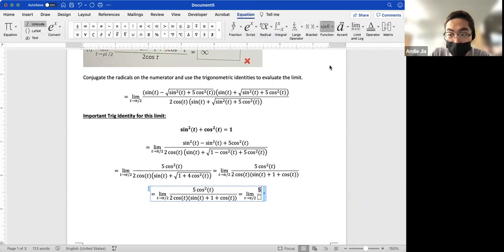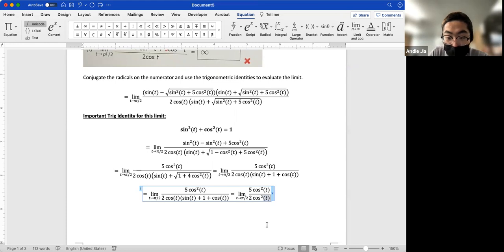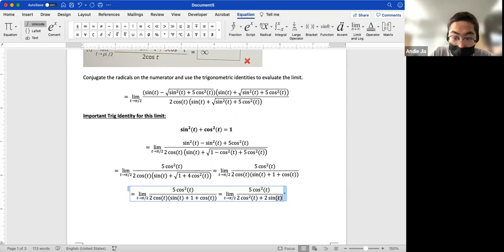We have 5 cosine squared of t over 2 cosine squared of t, and you need to cancel this term.